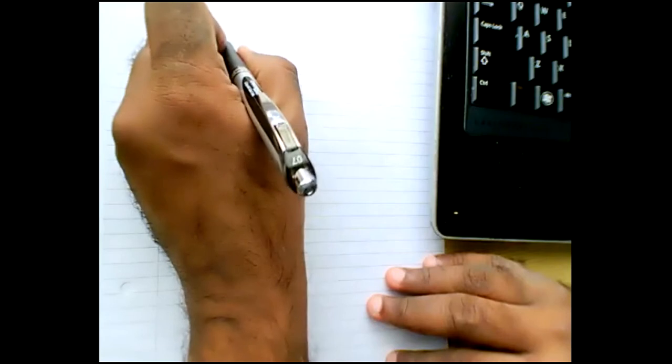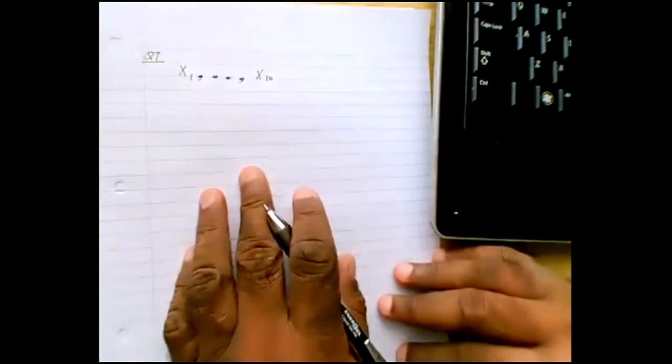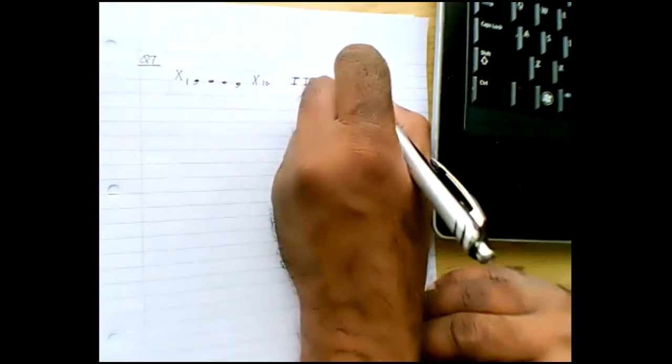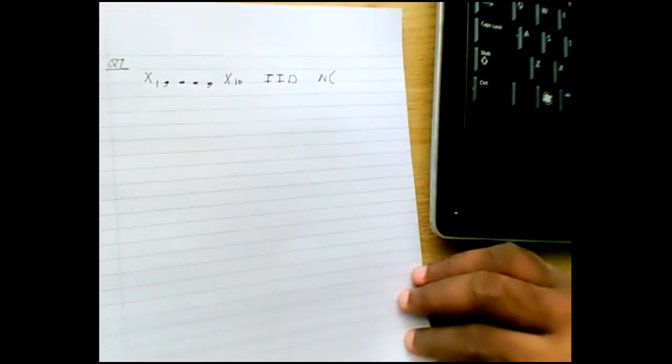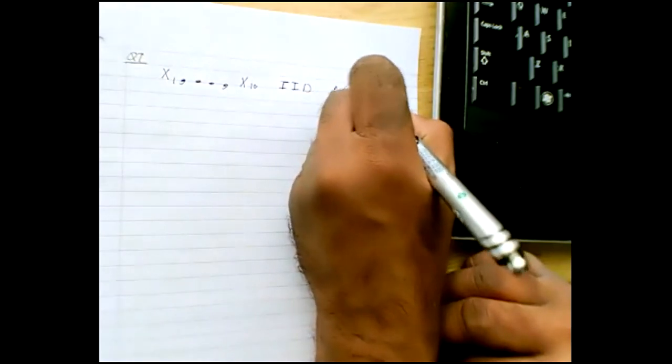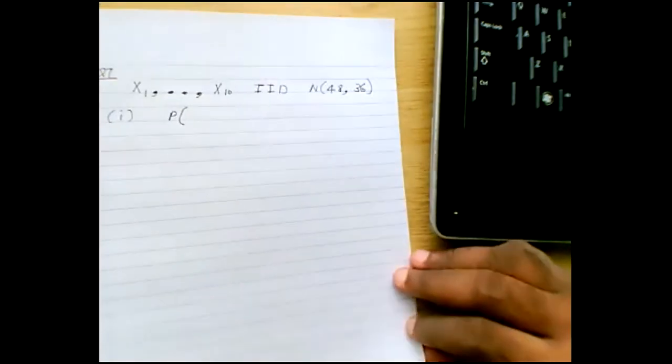You have a sample of size 10 from a normal variable with parameters 48 and 36. The first part is we want to find the probability that the sample variance is between 25 and 60.